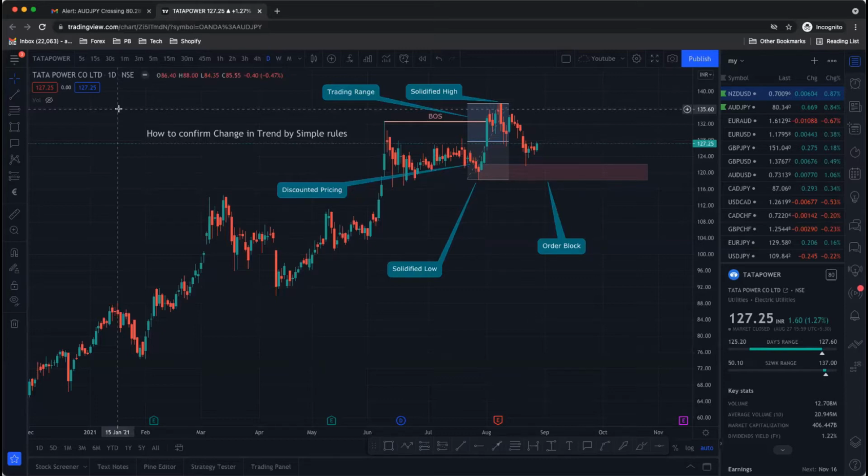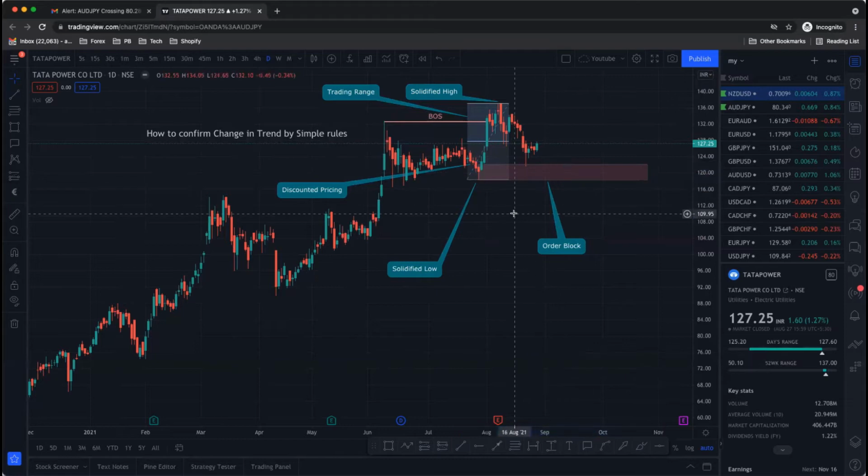The concepts are the same, the principles are the same. You just need to find a way to find your model, or tweak it according to the market you're trading in.